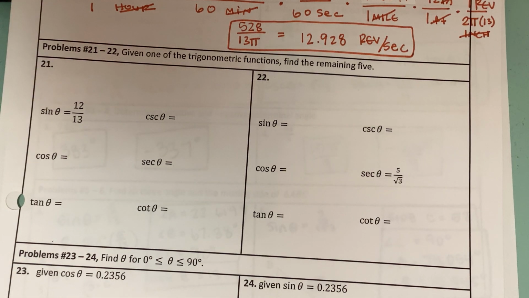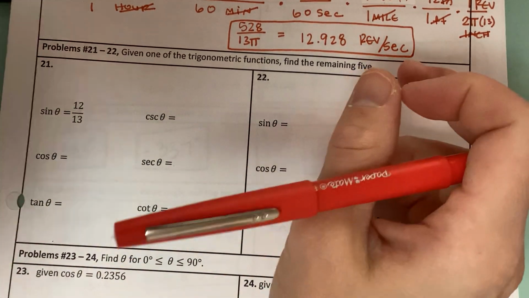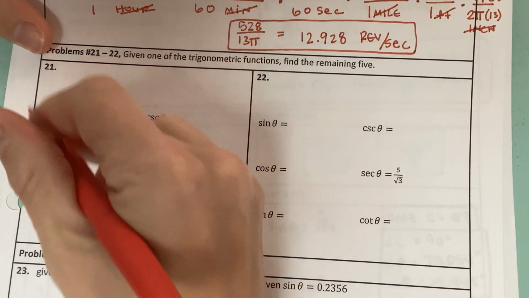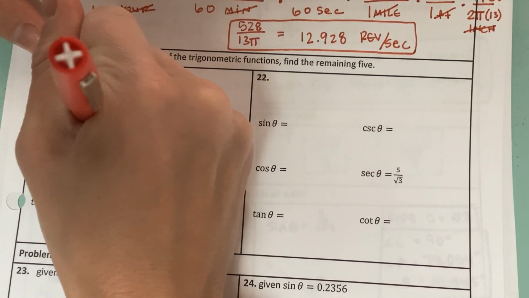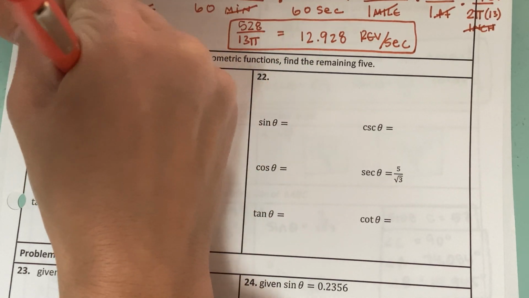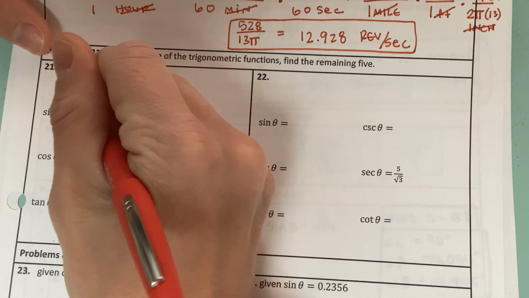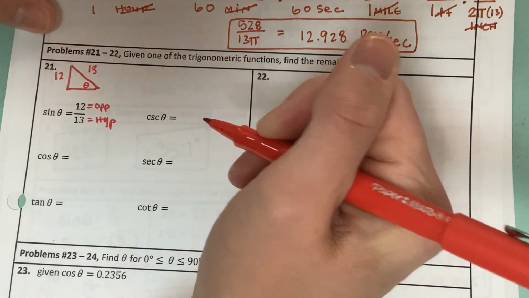All right, next one. Given one of the trigonometric functions, find the remaining 5. This is kind of like the other ones on the front, except it just gives you one of the trig ones. Sine is opposite over hypotenuse. I'm going to draw a little picture. If this is my angle, my hypotenuse is 13 and the opposite side is 12.